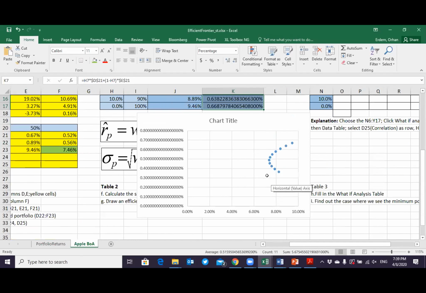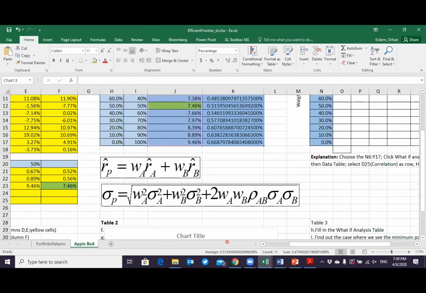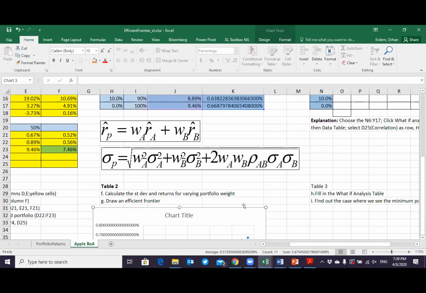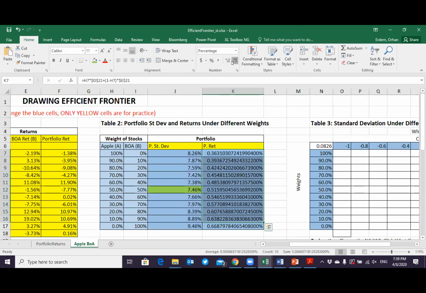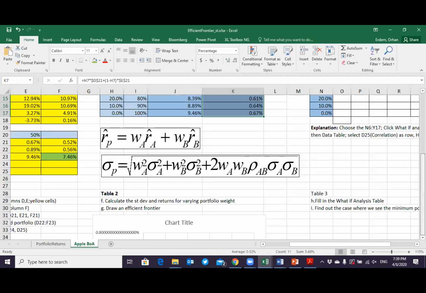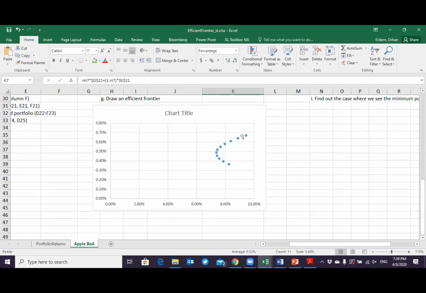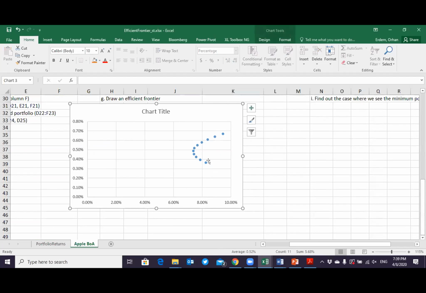Okay, so when you scroll down, you should see this graph at the bottom. Let's decrease decimals. Do you see this graph at the end? At the bottom. When you scroll down, do you see this graph?